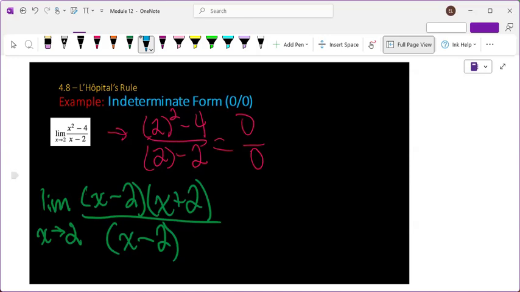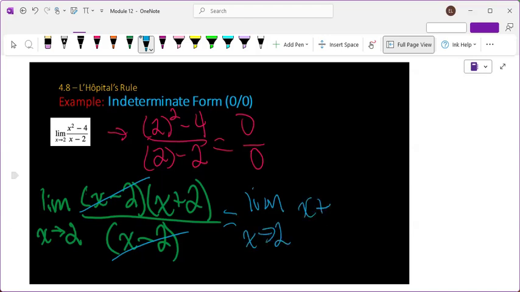The original function is x plus 2, but it's got a hole at x equals 2. When I cross these out, now I'm just saying it's like x plus 2, and it is everywhere except at 2, which is the thing I just canceled out. So the limits are equal even though the functions are not the same.